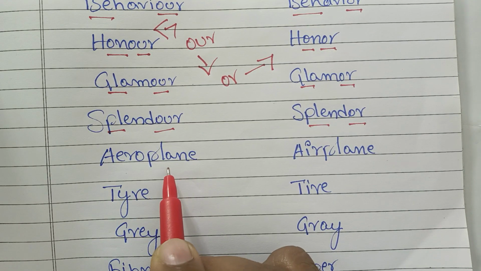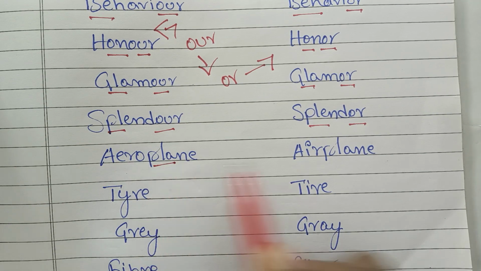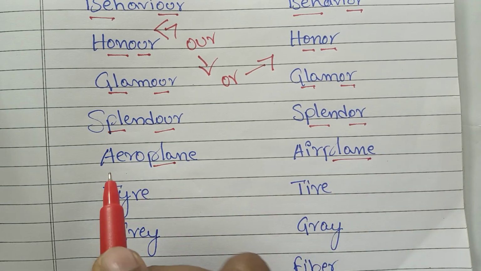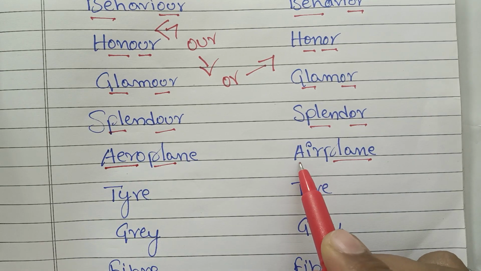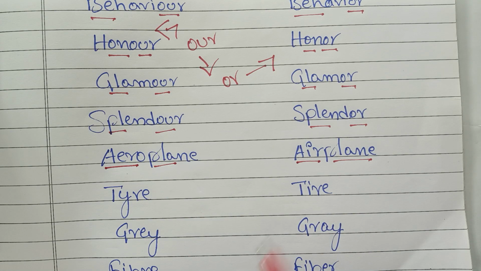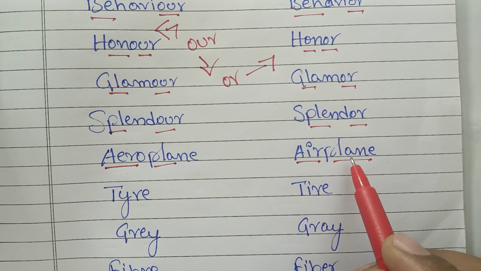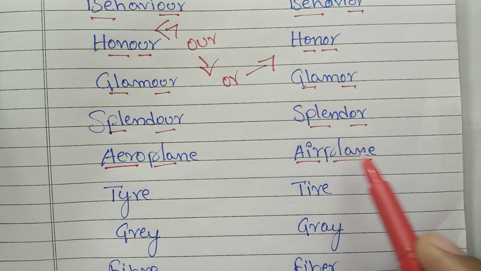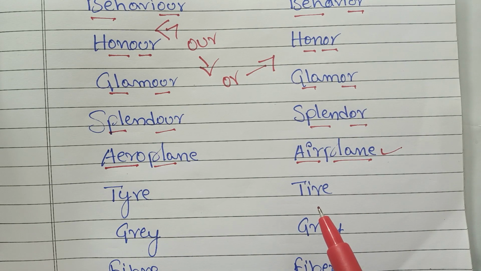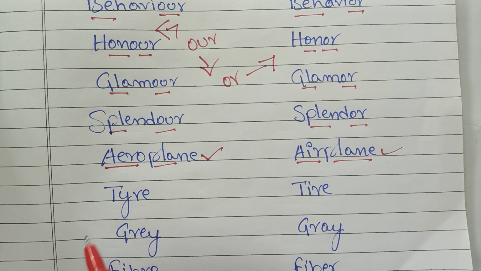Aeroplane, the ending plane is common. But in British we say AERO, and in American we say AIR: airplane, American; aeroplane, British. Try to differentiate the spellings. Sometimes we tend to use airplane while speaking or writing, but as followers of British English, we need to use aeroplane.